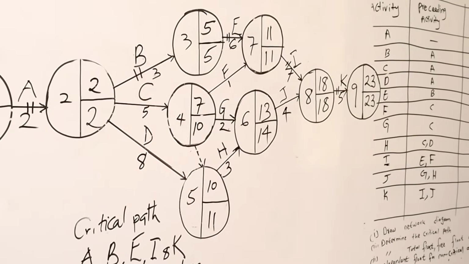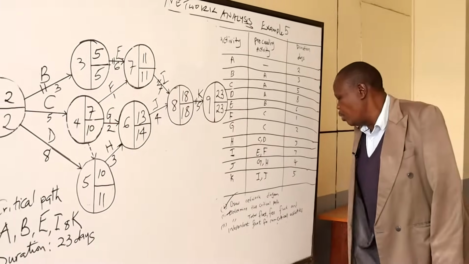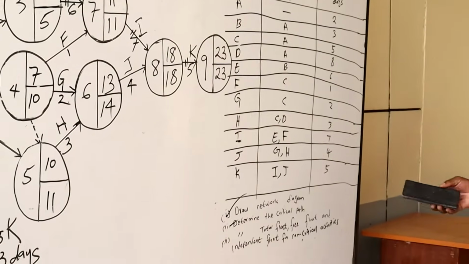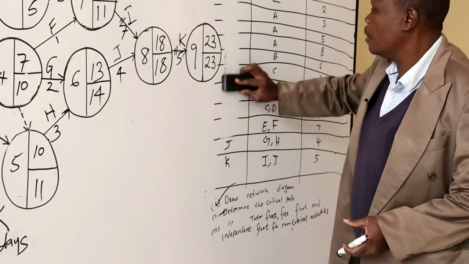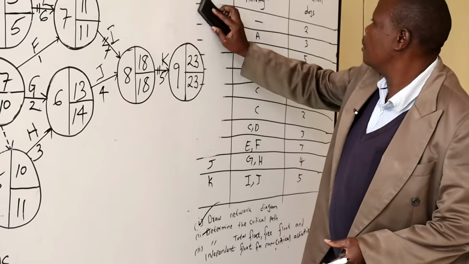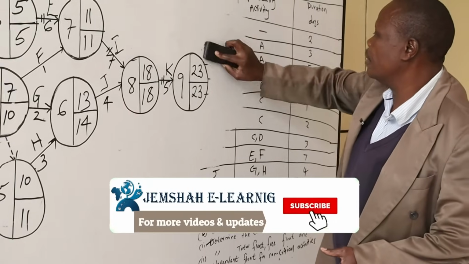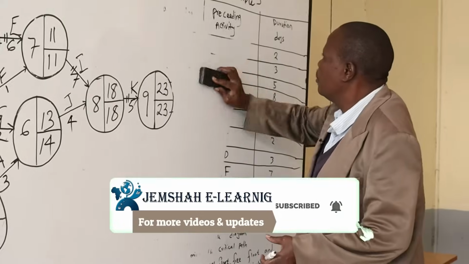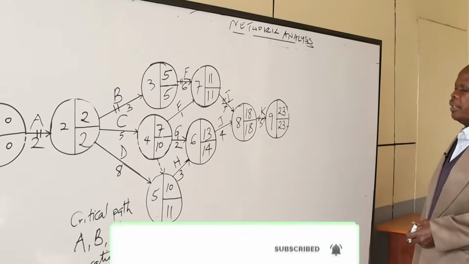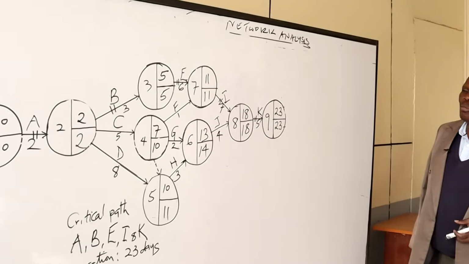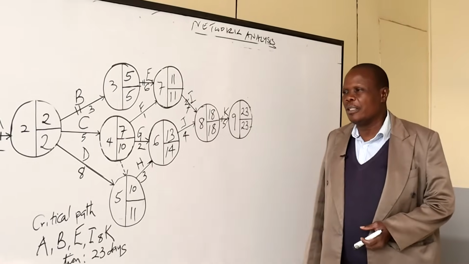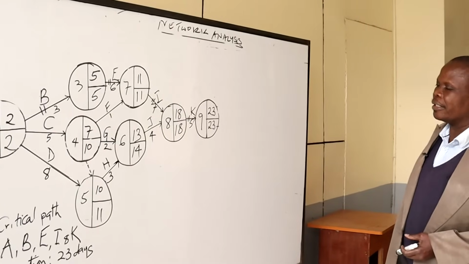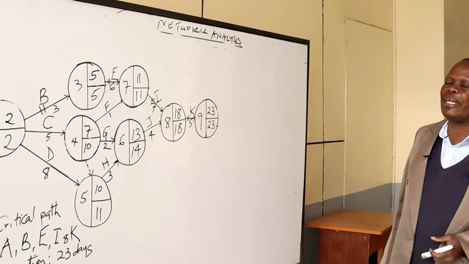Now, I want to show you how to calculate the floats. Let me tell you how to calculate the floats. Once more, float is calculated on non-critical activities because this is spare time.